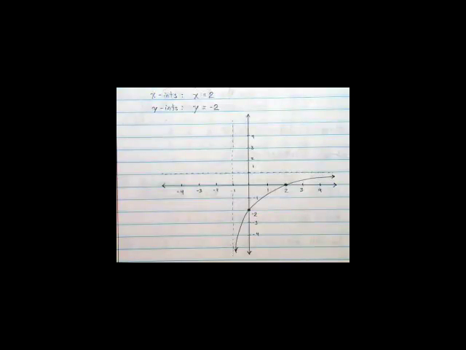Well, we know there has to be, because in this particular case, the domain, the numbers that work in this function, should be everything except for negative 1, right? Negative 1 is the only part of the domain that's missing. So that implies that anything to the left of negative 1, there should still be something there, right? There should be a piece of that graph hanging out over there somewhere.